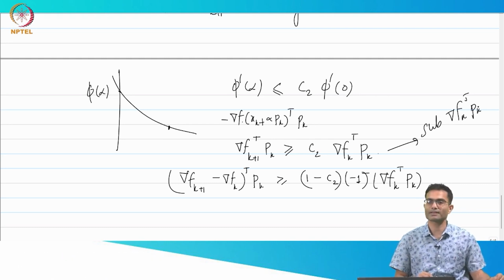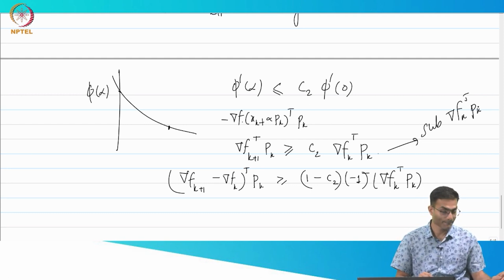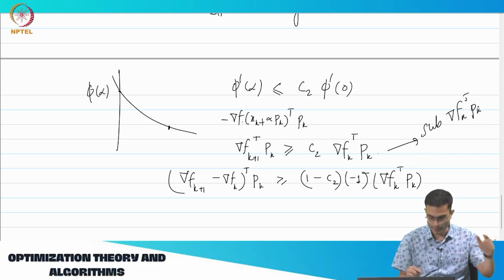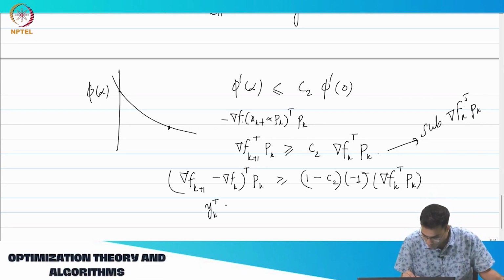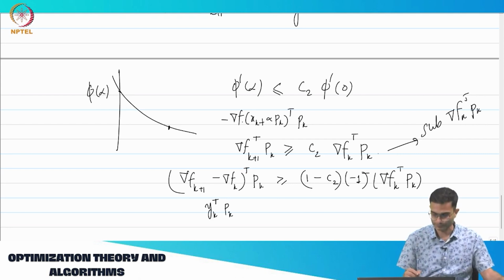What is this left hand side? Grad fk+1 minus grad fk is what? yk. So this is yk transpose pk.